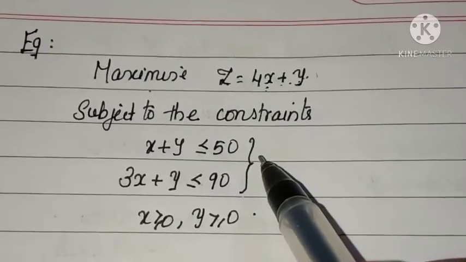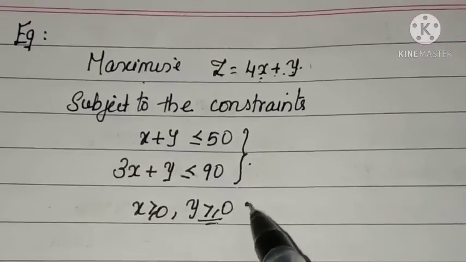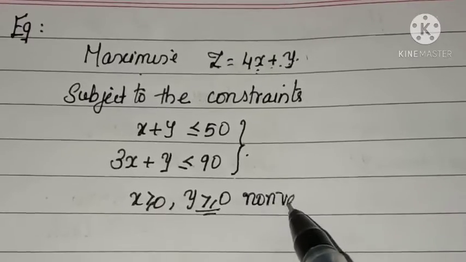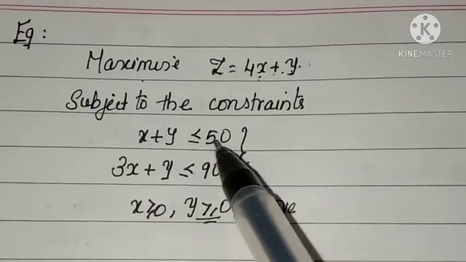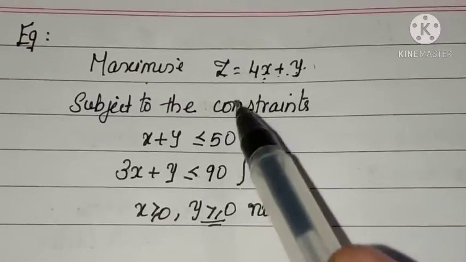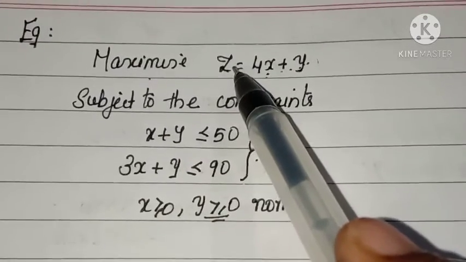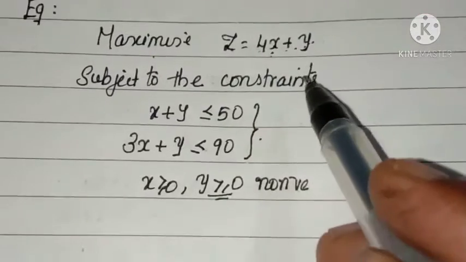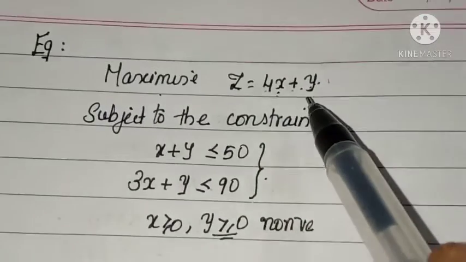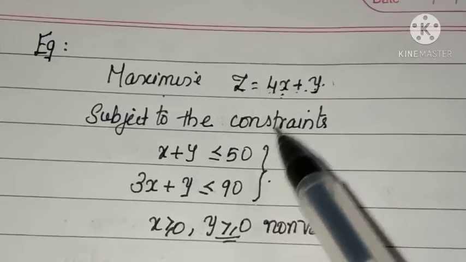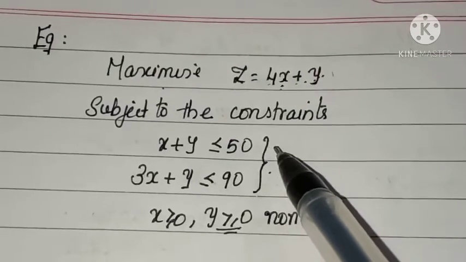With respect to these, we need to find the maximum value of the linear function z equal to 4x plus y. So for this we need to draw the graph with respect to these constraints.